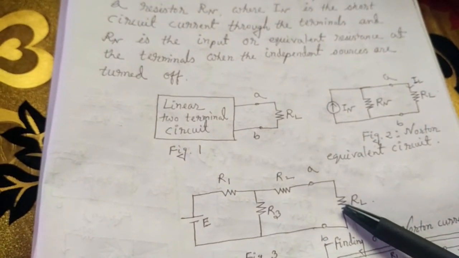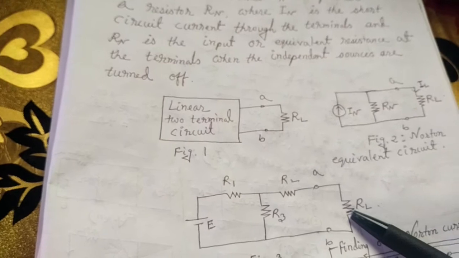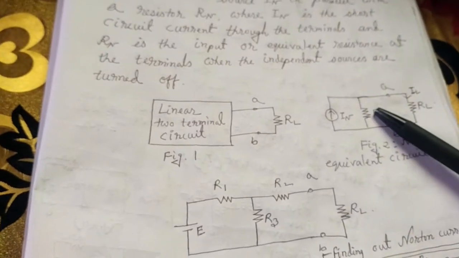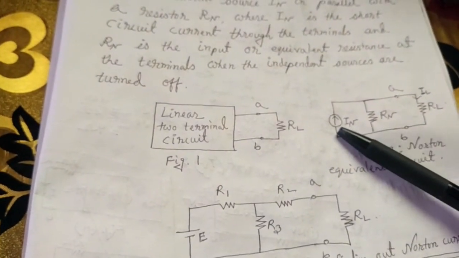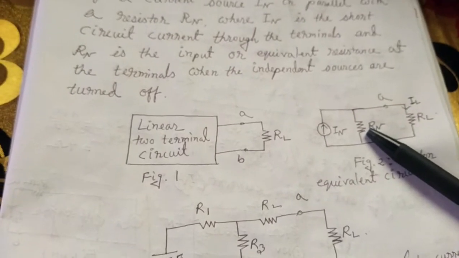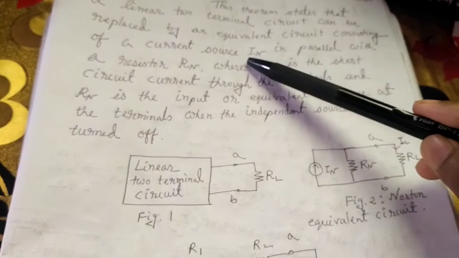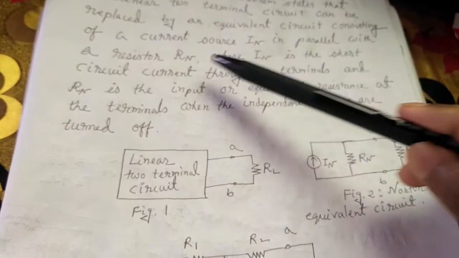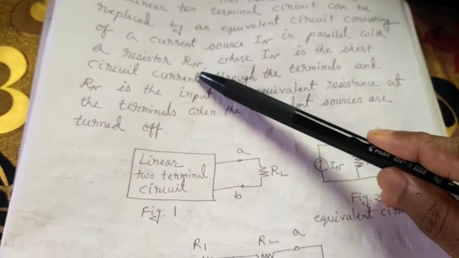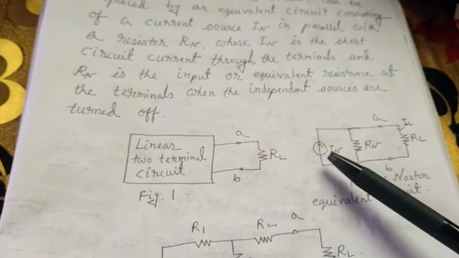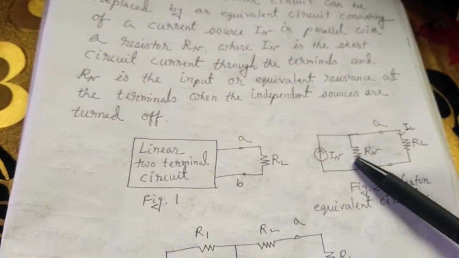After applying Norton's theorem, we will get this one, Norton current in parallel with the Norton resistance. According to the theorem, a current source IN in parallel with a resistor RN. So here you see IN is parallel to RN.